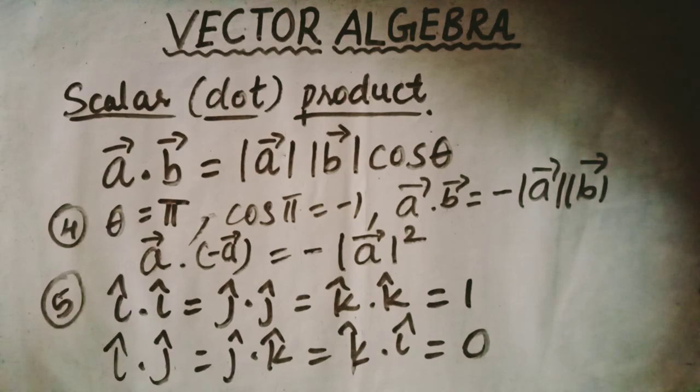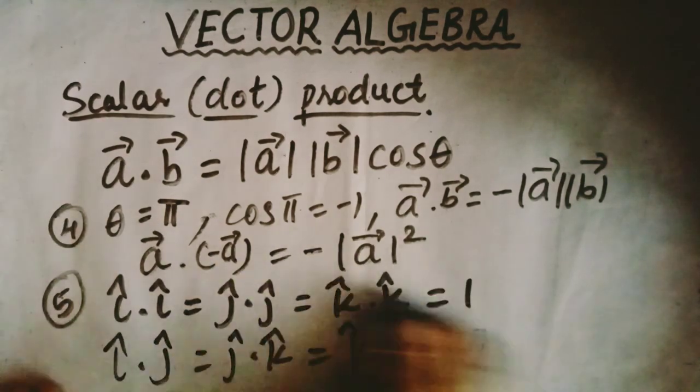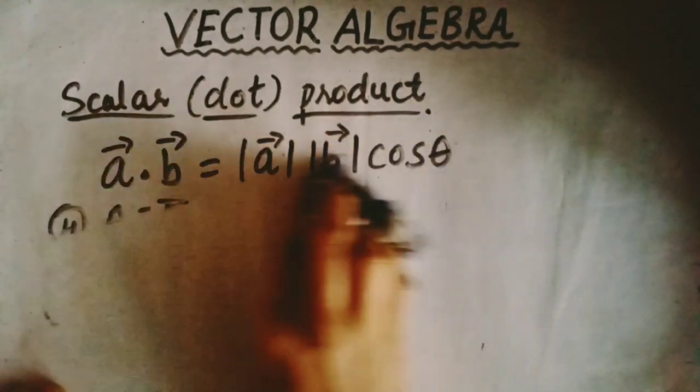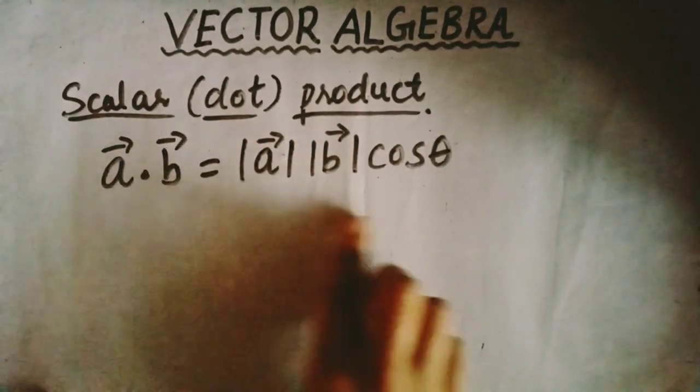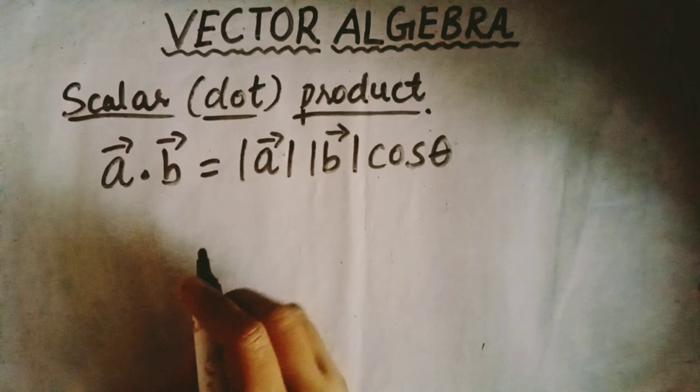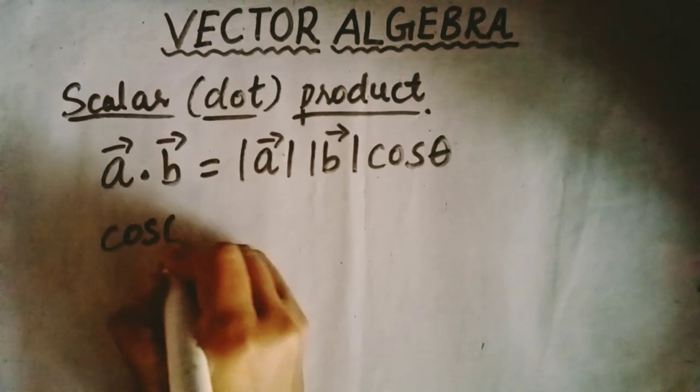Then next is the angle between two vectors. So using the dot product, you can write the angle between the two vectors: cos theta.